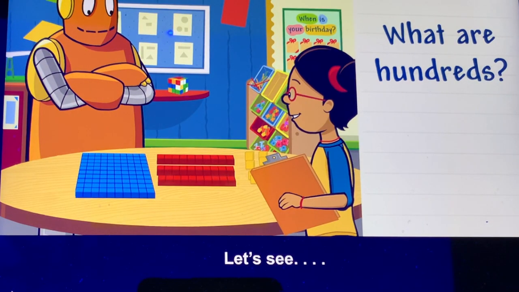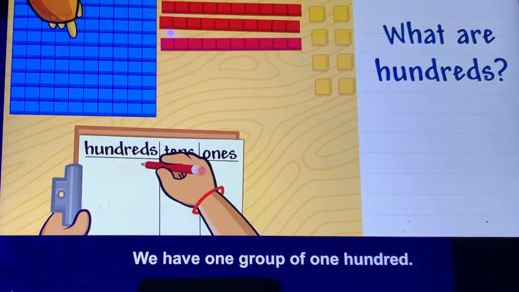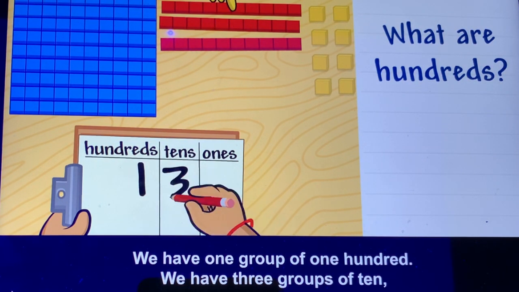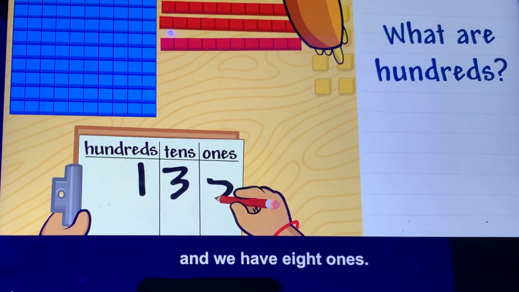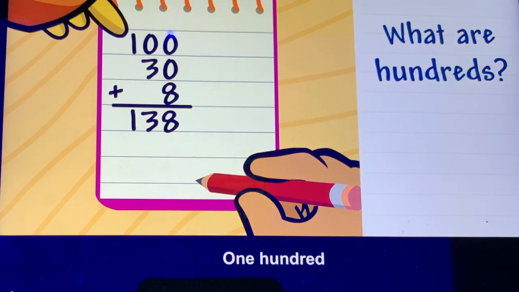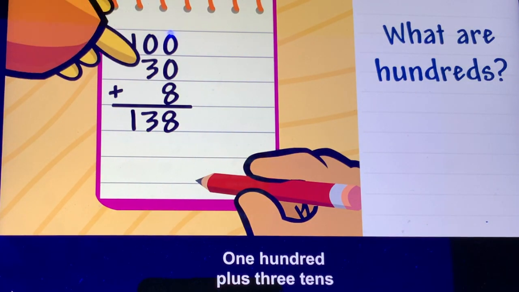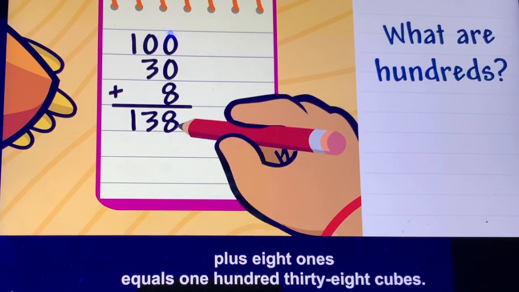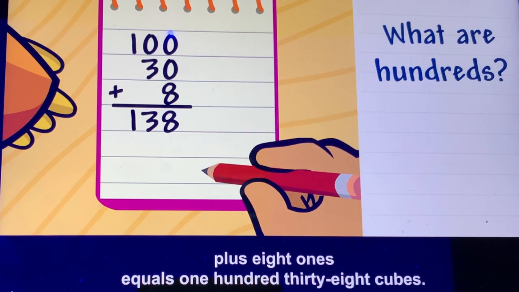Let's see. We have one group of 100, we have 3 groups of 10, and we have 8 ones. 100 plus 3 tens plus 8 ones equals 138 cubes.